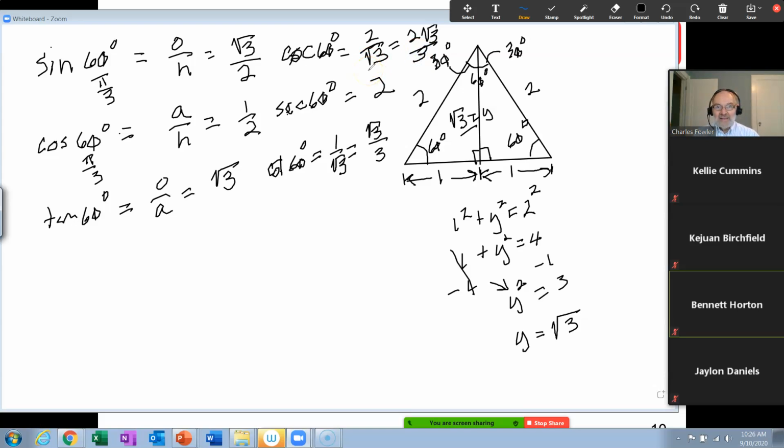Okay. Now, I think I pointed this out to you before, but let me say it again. Secant and cosecant always are going to be greater than 1 or less than -1. We're in the first quadrant, so they're always greater than 1. Sine and cosine are always going to be between -1 and 1. And since we're in the first quadrant, they're between 0 and 1. Tangent and cotangent can be anywhere, any value from -infinity to +infinity.